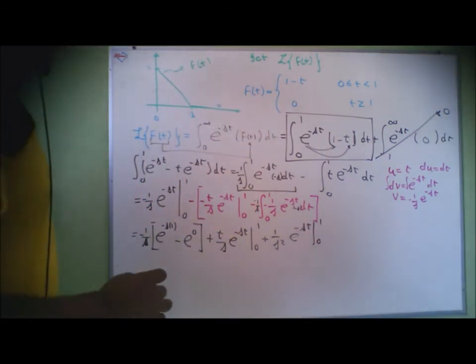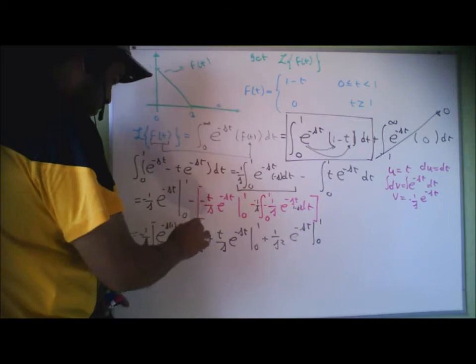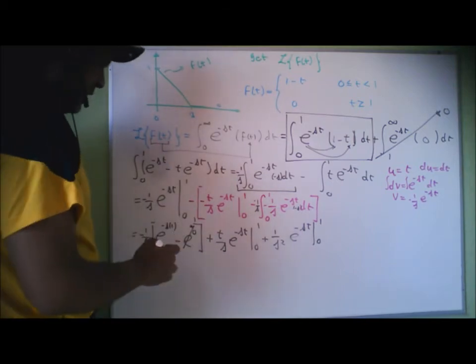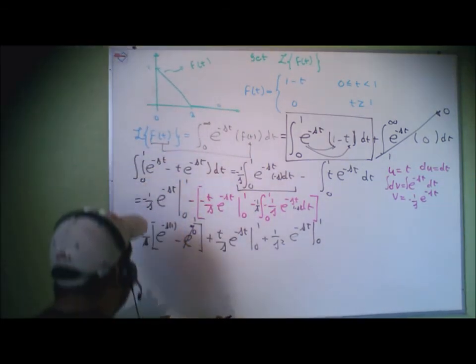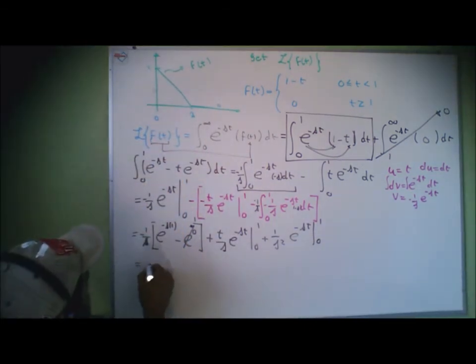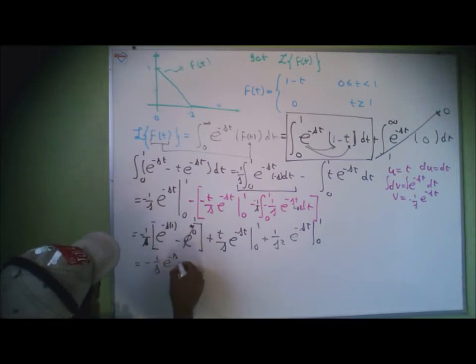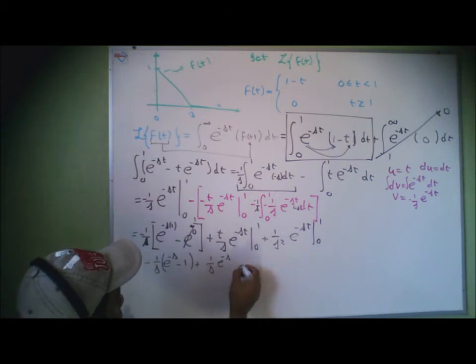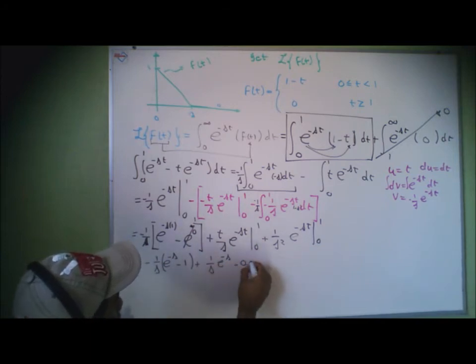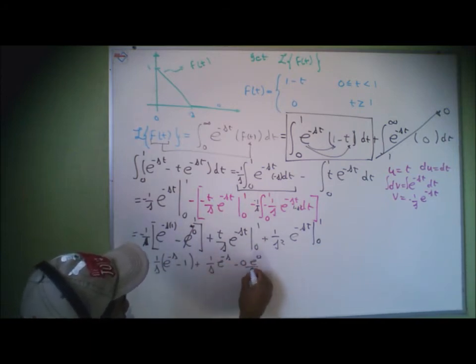Now e to the 0 happens to be just 1, and e to the minus s is like that. Let's do this evaluation. This is going to be equal to minus 1 over s times e to the minus s minus 1 here, and then plus the upper limit 1 over s e to the minus s, minus the lower limit, 0 times e to the 0 over s.